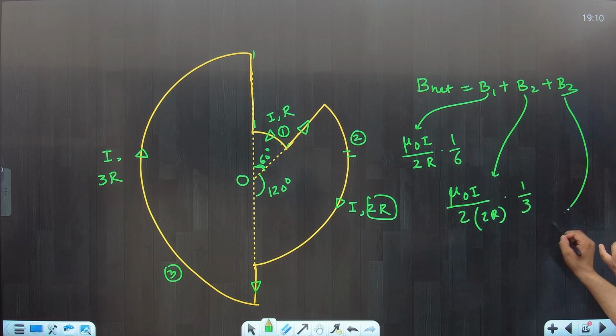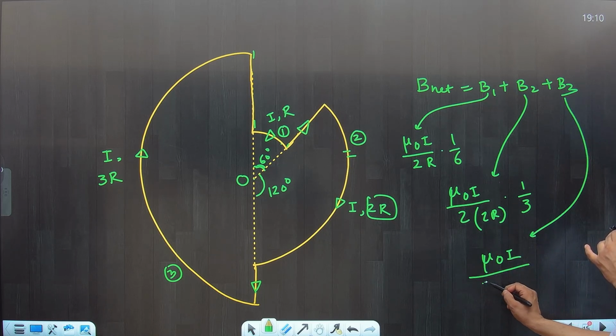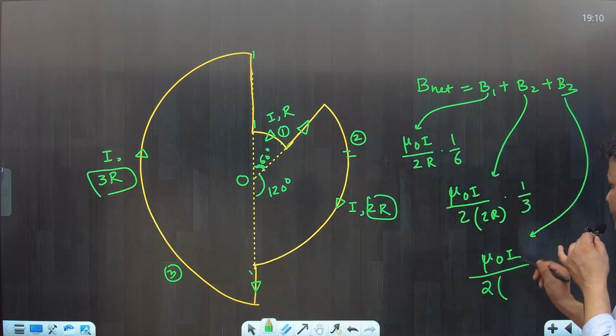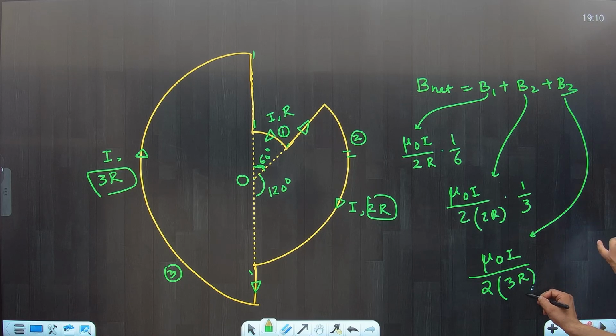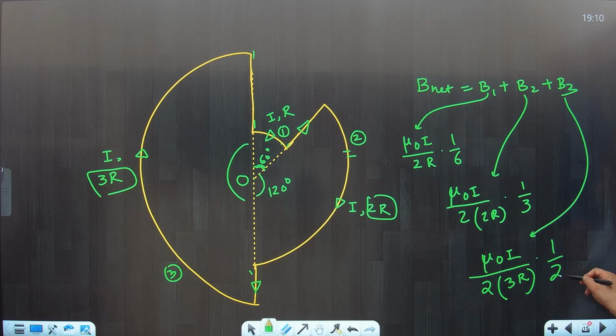And for B3 you will write the mu naught I by 2R formula, and in place of R you will write 3R into, this is a half circle, so you will multiply it by half.